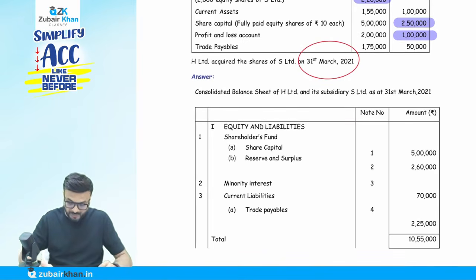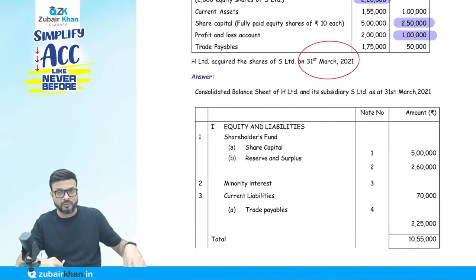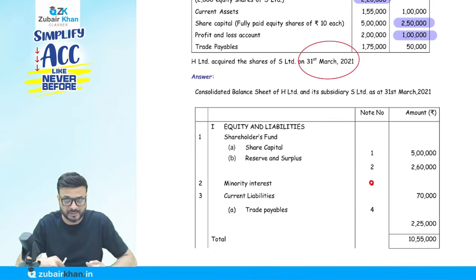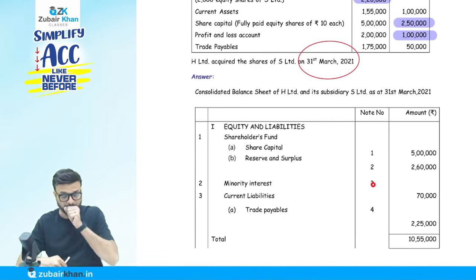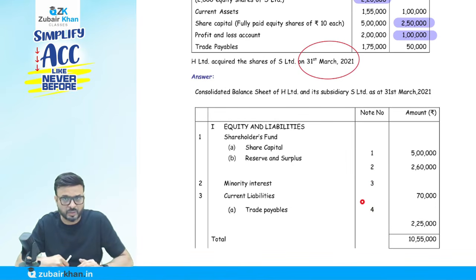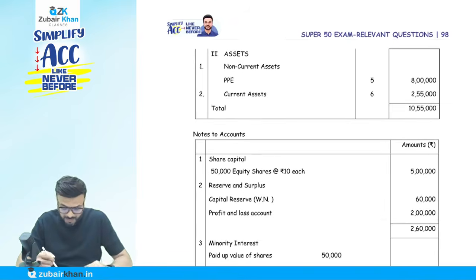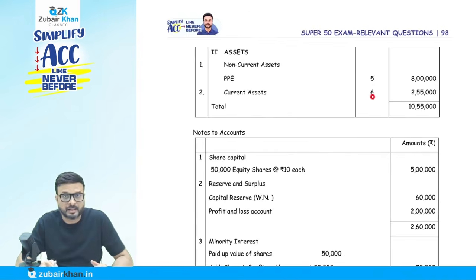So you can see here is equity and liability: share capital, reserve and surplus, minority interest, current liability. Now it is up to you. If you want, you can make a notes to account, not necessary, but these three are compulsory: share capital, reserve and surplus, and minority interest. They make a notes to account on trade payable as well, no problem. Then they have PP and the current asset.